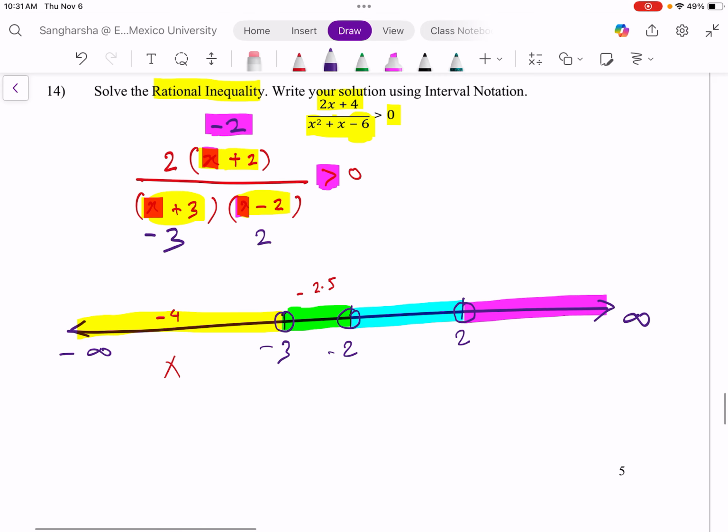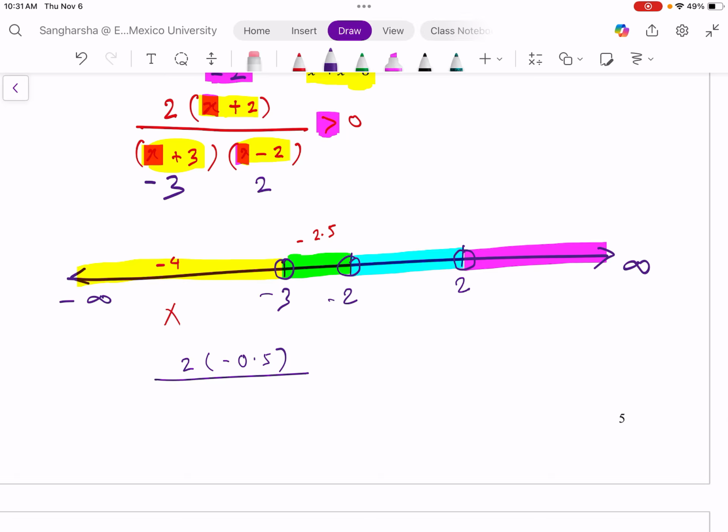In the numerator we have 2 times negative 2.5 plus 2, that is negative 0.5, divided by negative 2.5 plus 3, that is positive 0.5, times negative 2.5 minus 2, that is negative 4.5. Okay, now is this greater than 0? That's our target.